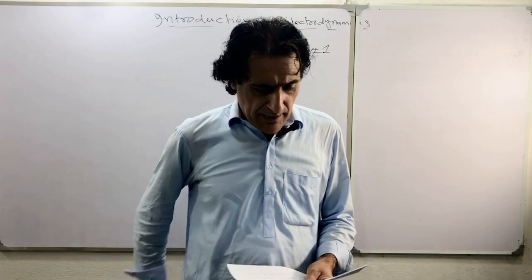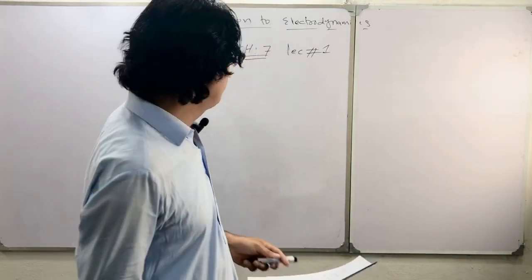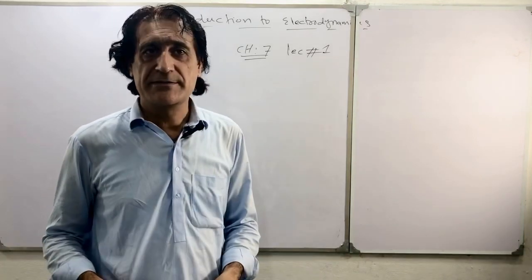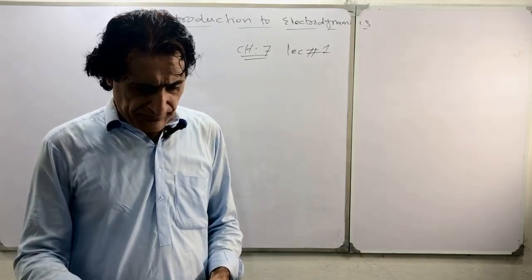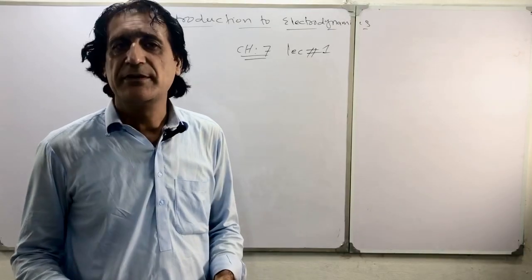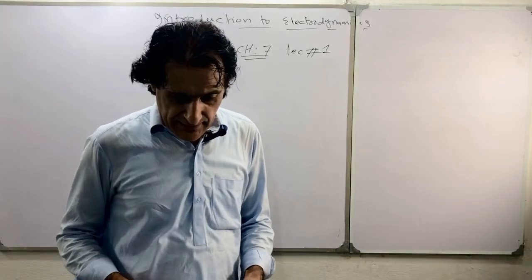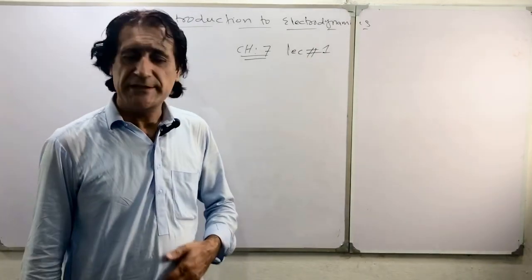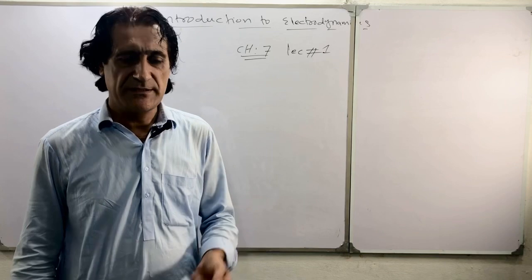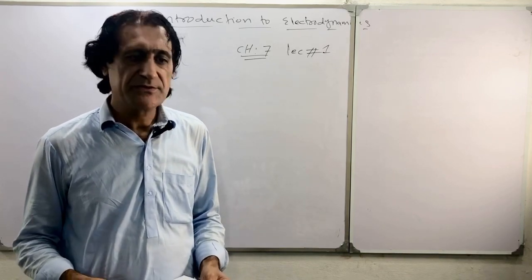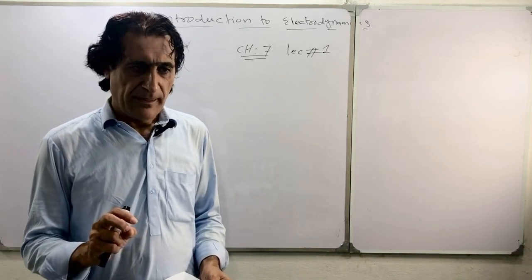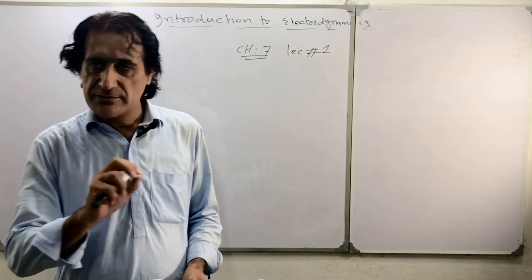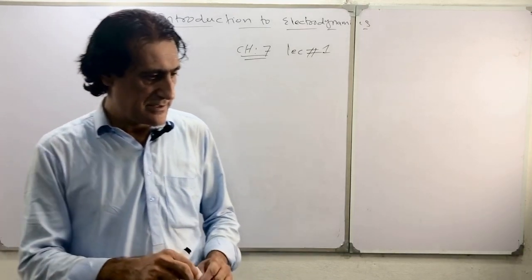Today I will start the second part of Introduction to Electrodynamics. We will follow the book of Griffiths, and this is the second part. In the first part we studied electrostatics and magnetostatics, where we study the charges at rest and the current which is constant.